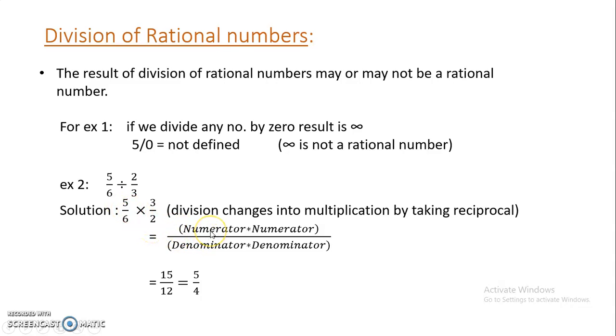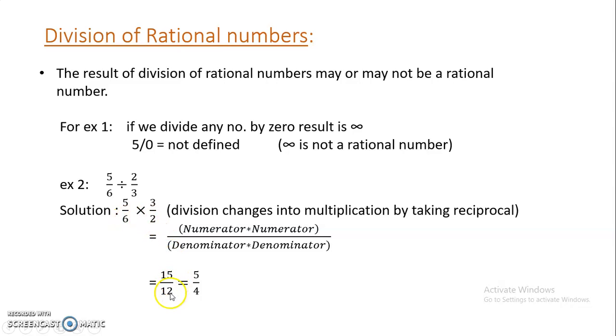Just multiply the numerator with the numerator and the denominator with the denominator. So here the numerators are 5 and 3. Multiply 5 with 3, we'll get 15, and multiply the denominators 6 and 2 and we'll get 12.